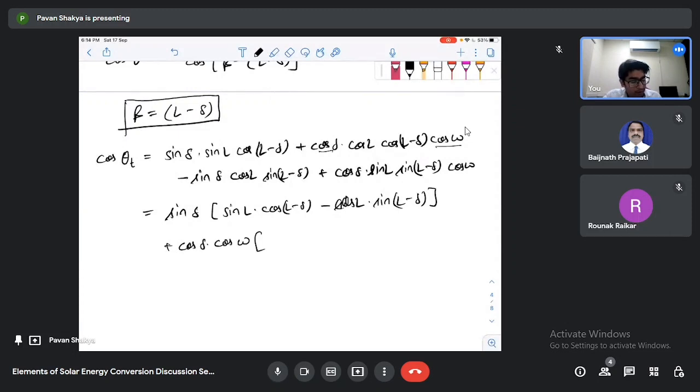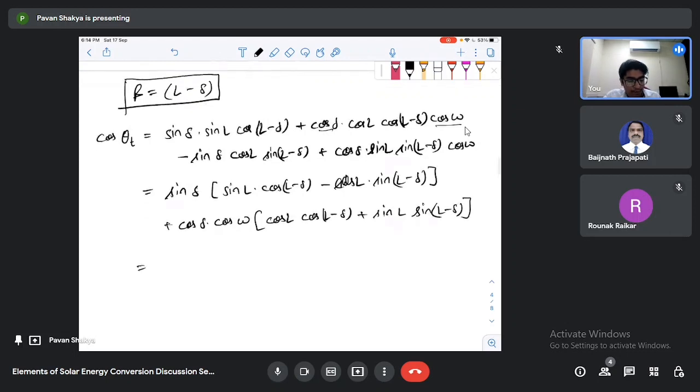So in the bracket, it will remain cos L minus delta plus sine L minus delta. From the first term, this will become sine delta, and this will become sine of L minus delta.